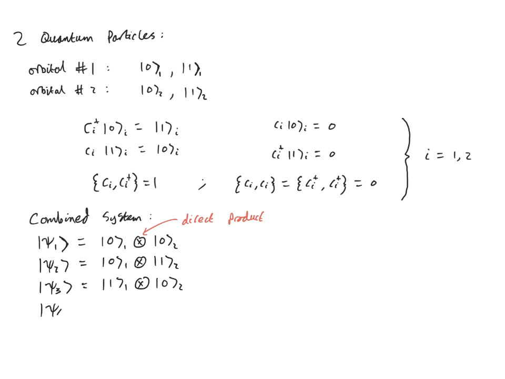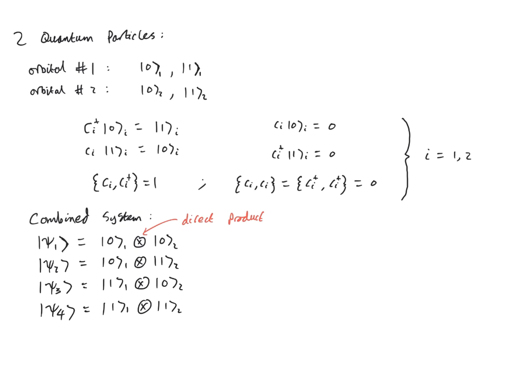And there are only 4 possibilities, because we have 2 fermionic particles that can either be empty or full. So why do we have 4? Because for each of the 2 possibilities for orbital 1, I have 2 possibilities for orbital 2.